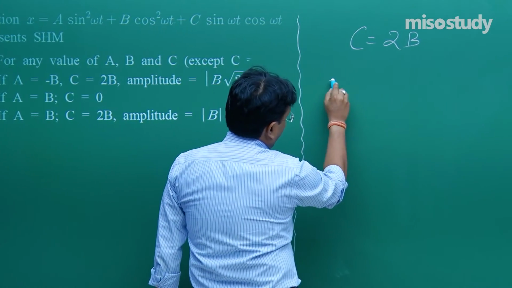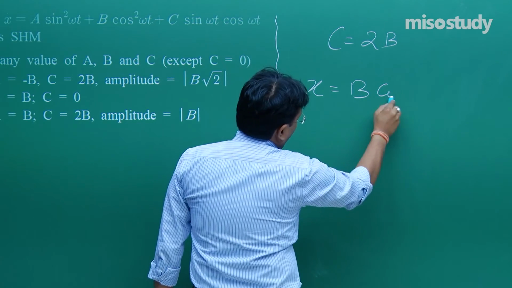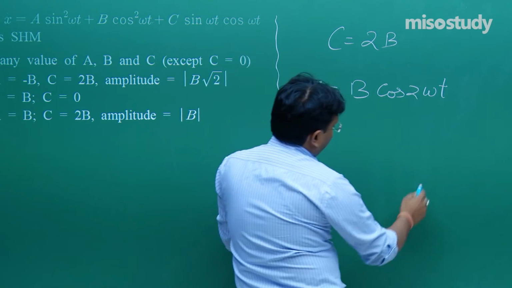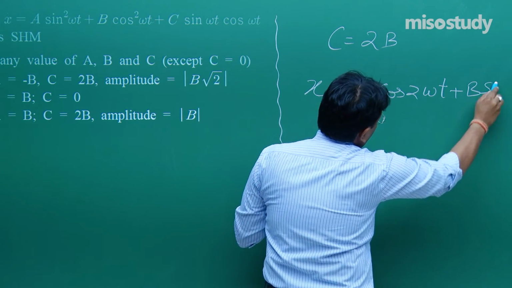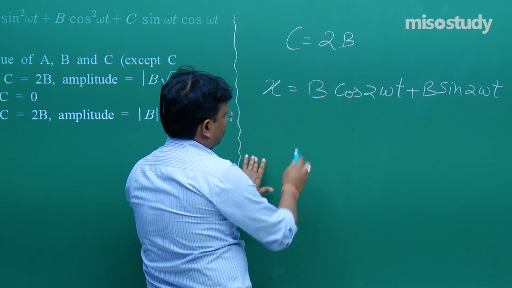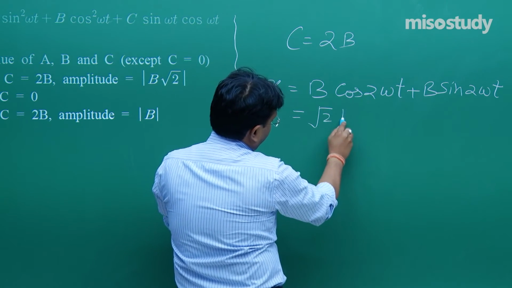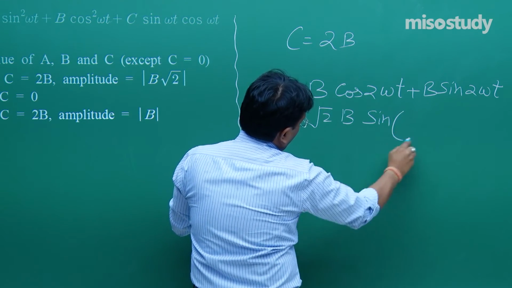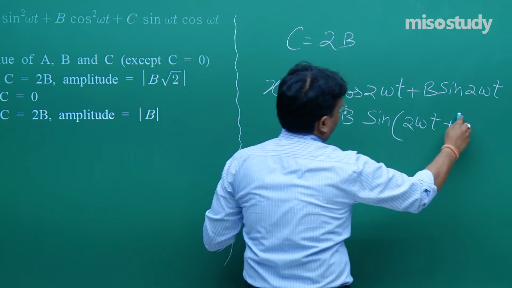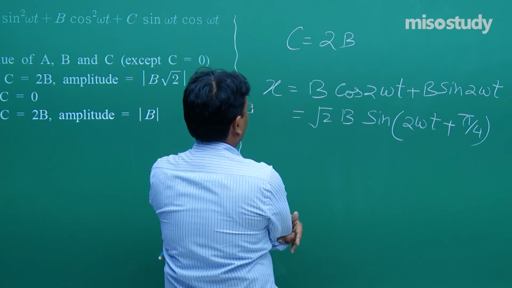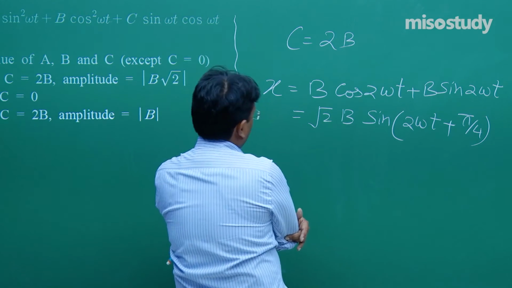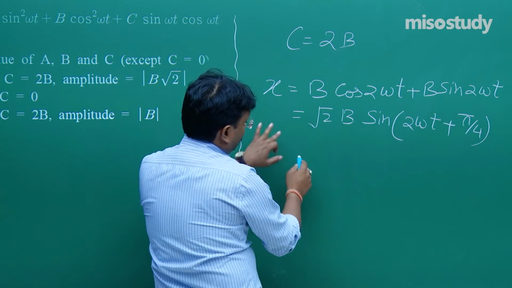That is, x is equal to b cos 2 omega t, by replacing this value, plus b sin 2 omega t, and that will give you root 2 b sin (2 omega t plus pi by 4). Yes, you can replace these values.